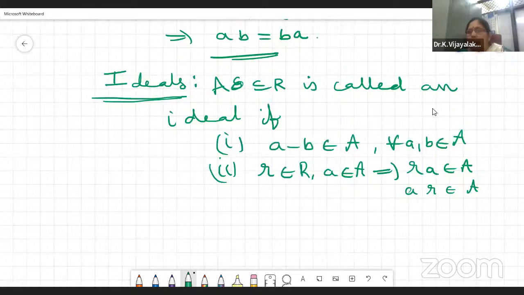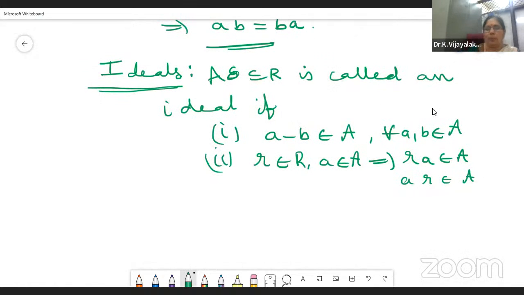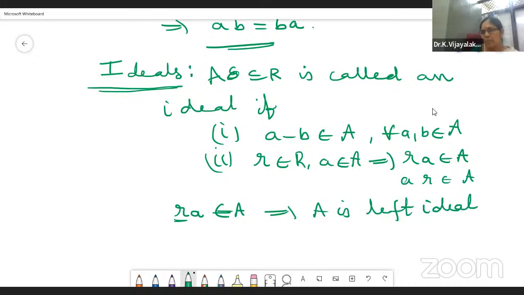What do you mean by RA belongs to A? Suppose you take a ring element on the left hand side and an element of A on the right hand side; if the ring element is on the left and RA belongs to A, it implies A is a left ideal. And AR belongs to A, and A minus B is always there.